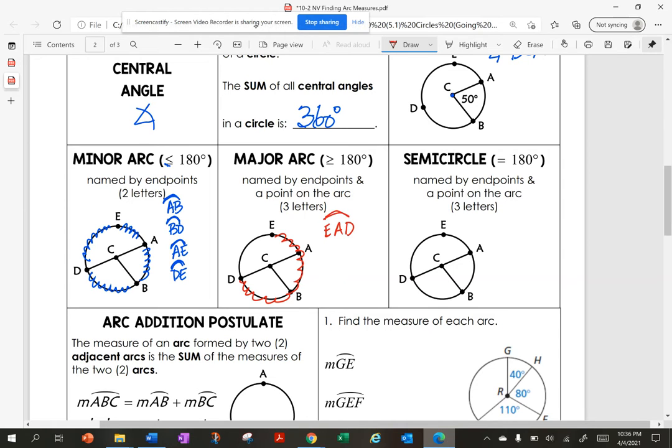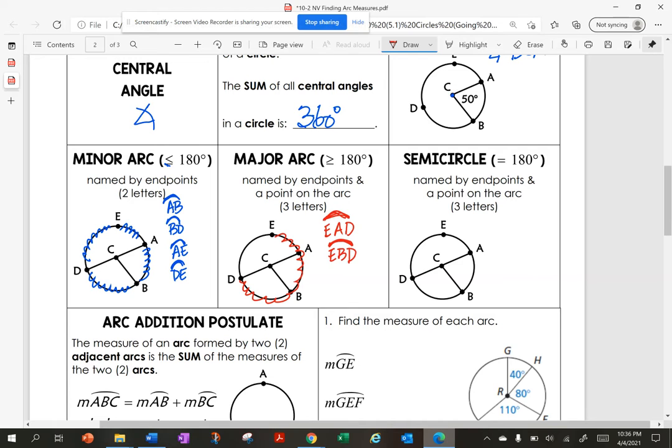I name it with three letters, going in the order of the letters. Another arc I could name is EBD. So I could name the same arc as arc EBD. So instead of naming A, I named B. So I need to name three letters, and it has to be greater than or equal to 180 degrees.